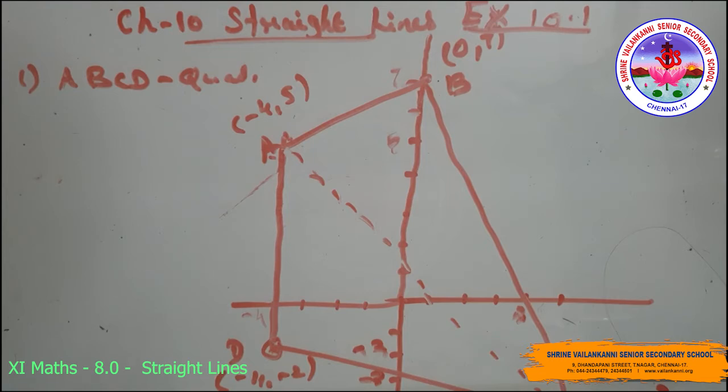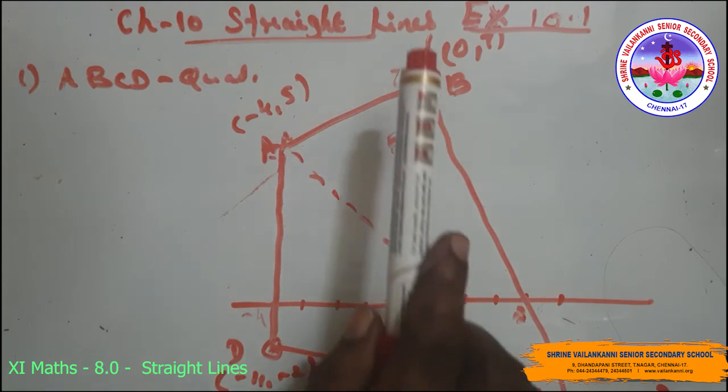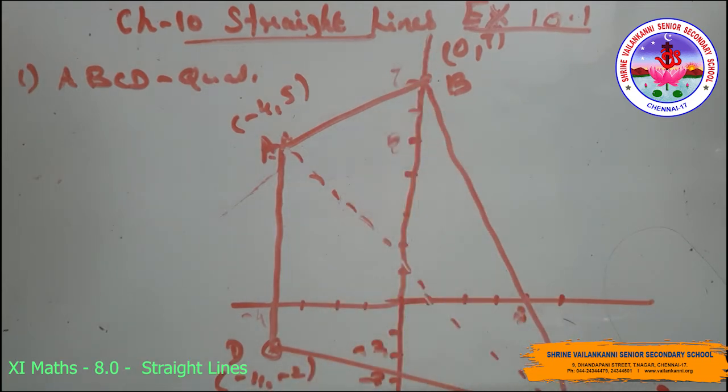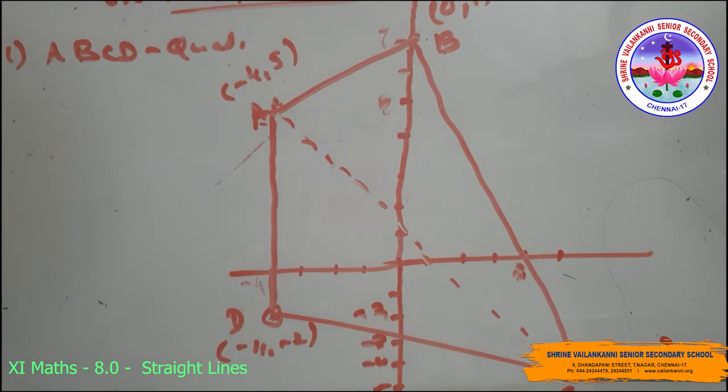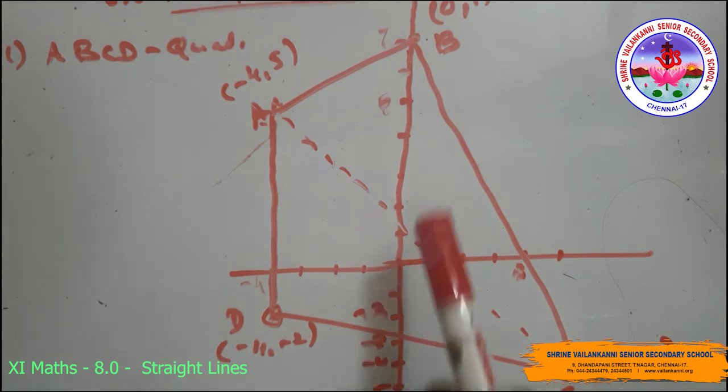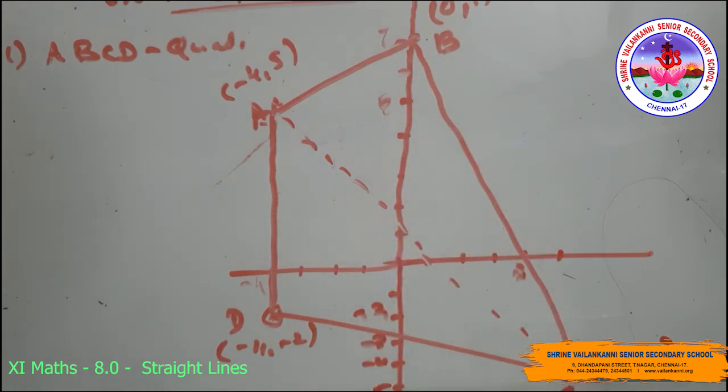Exercise 10.1, first question. Draw a quadrilateral in the Cartesian plane whose vertices are (-4, 5), (0, 7), (5, -5) and (-4, -2). Also find its area. Let ABCD be the quadrilateral with vertices A(-4, 5), B(0, 7), C(5, -5) and D(-4, -2).